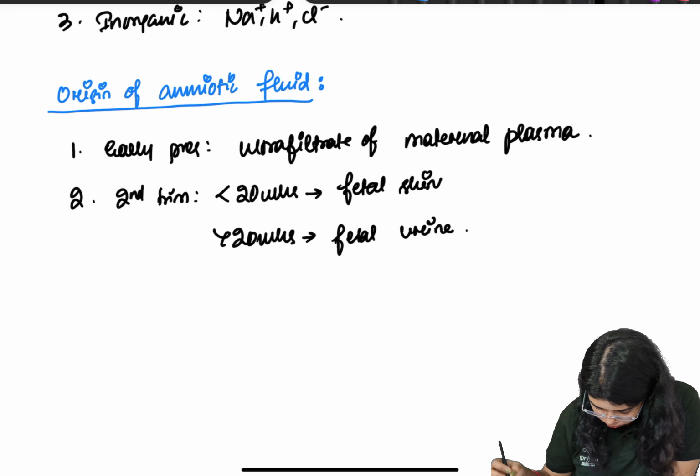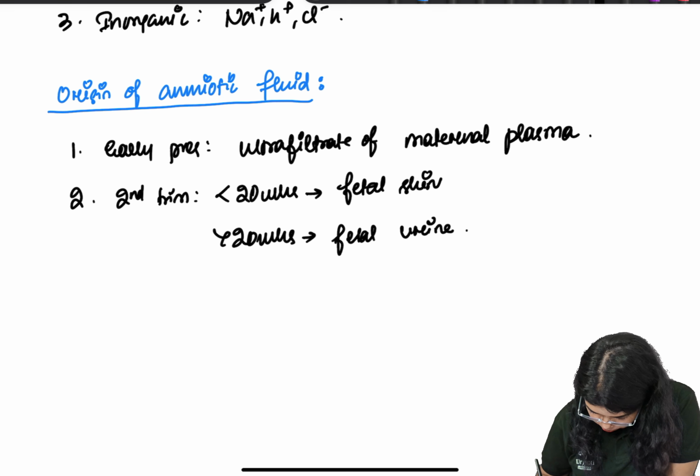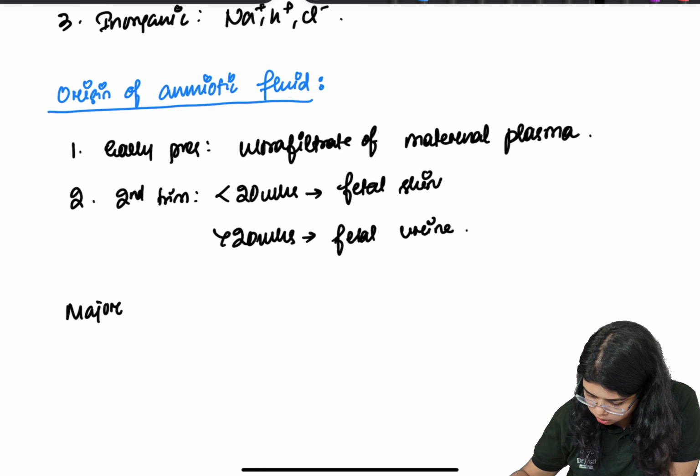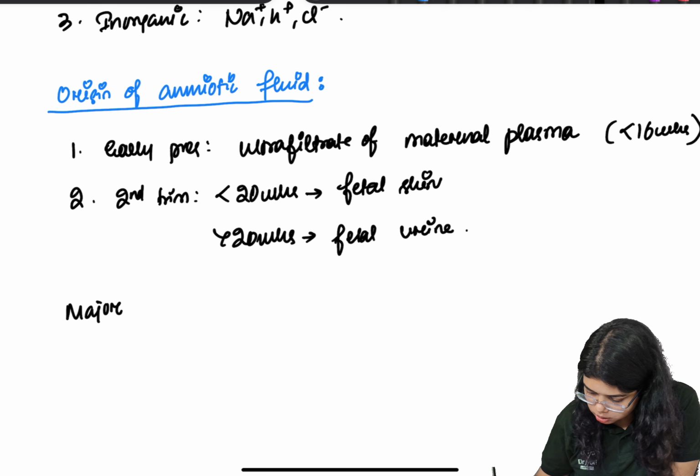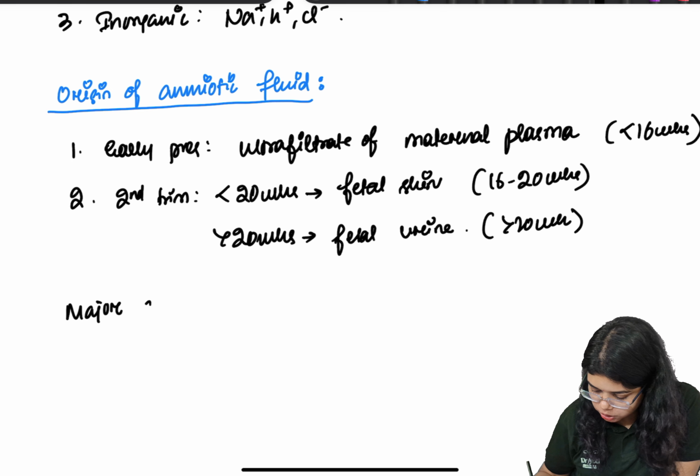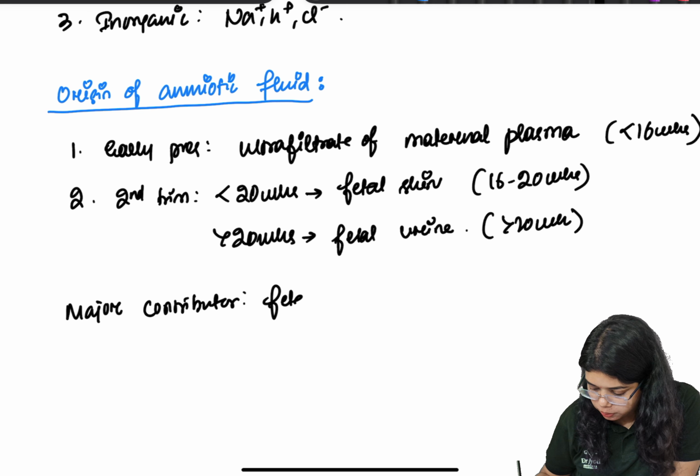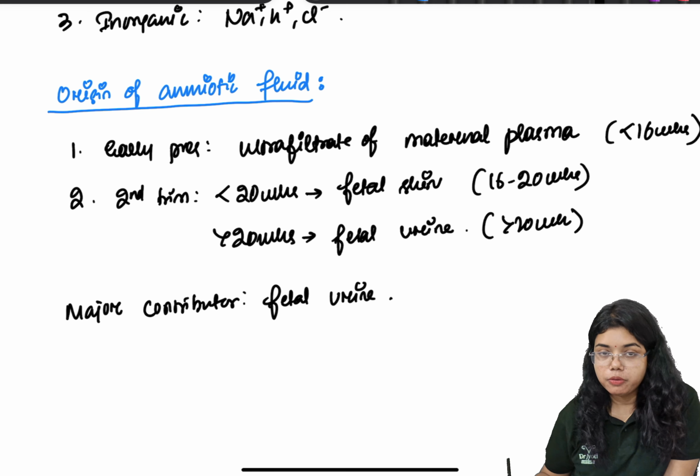So this one is less than 16 weeks, this is 16 to 20 weeks, and this is more than 20 weeks. So what is the major contributor? The major contributor of the amniotic fluid is the fetal urine.